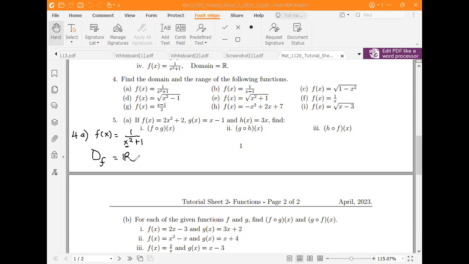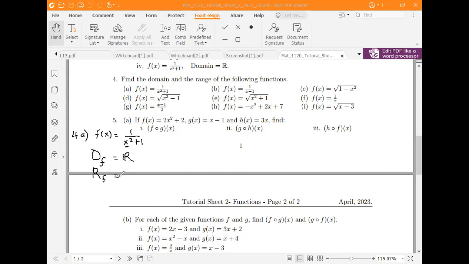That is the domain. You think of any number, you get a value. Meaning that the domain is all real numbers. What about the range? What about the range of f?